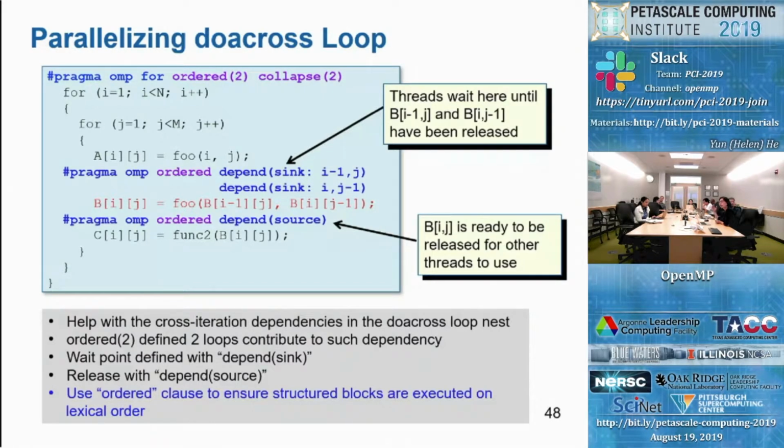So you define something called depend as a sink, a dependency as a sink. Sink means I have to wait for this to be ready before going on with my next one. And then there's also a source. Source means now B[i][j] is ready for the next B[i+1][j] to use my B[i][j].